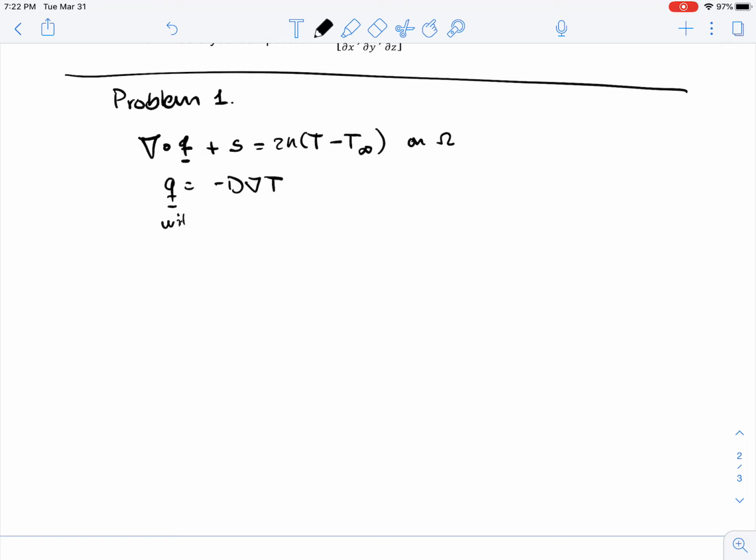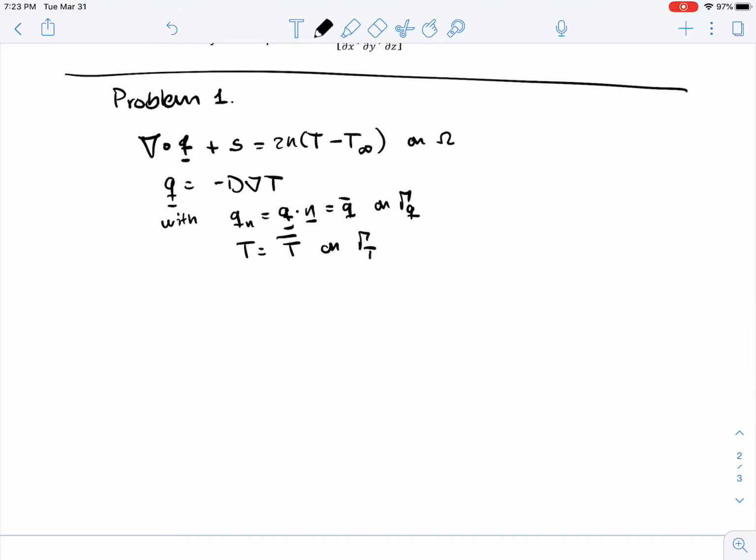Q equals minus D gradient of T with boundary conditions Qn equals Q dot n equals some value on gamma Q, and temperature equals some value T bar on gamma T. So that's the strong form. All of this together is the strong form of the problem.